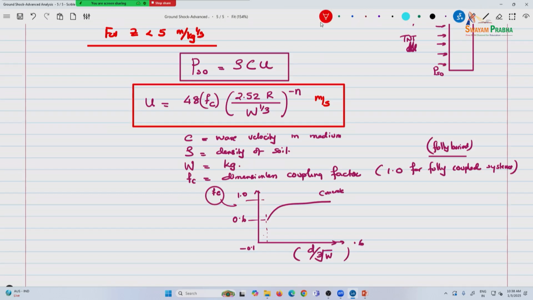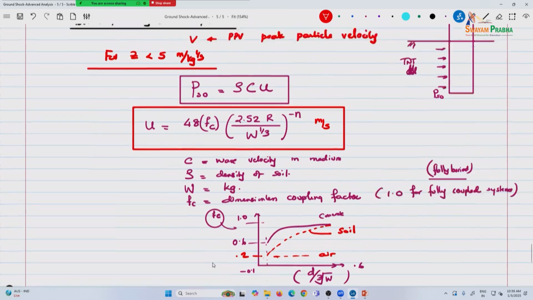If it is regular soil, from 0.2 it goes up to a higher value. This is the soil coupling factor, and then for air, the coupling factor is 0.2.